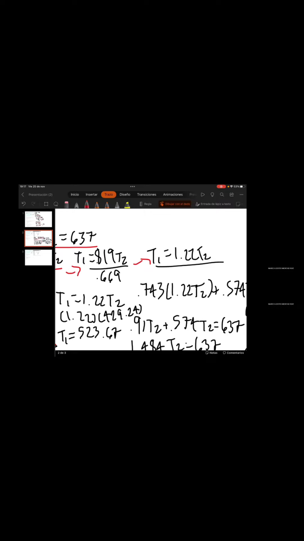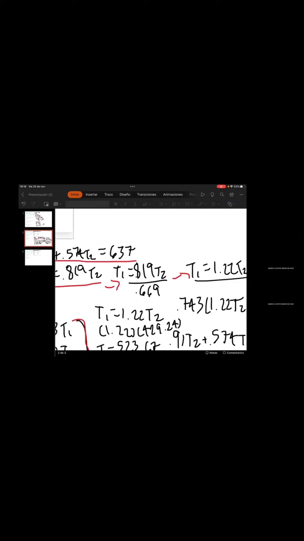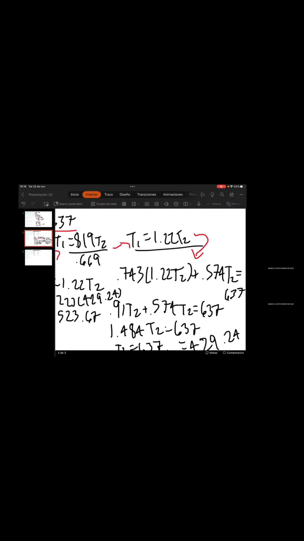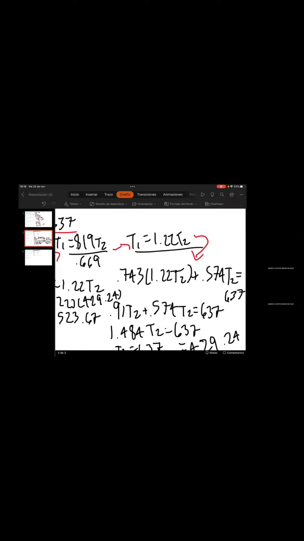and we will find as a result of this that T1 is equal to 1.22 times T2. Now with this, we can substitute in the other formula, the first one, with the 1.22. We are going to multiply, first of all, these two values.